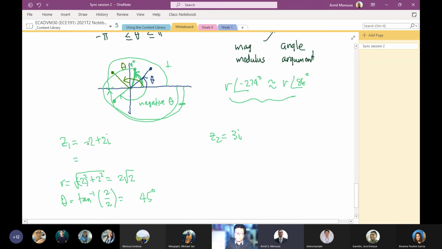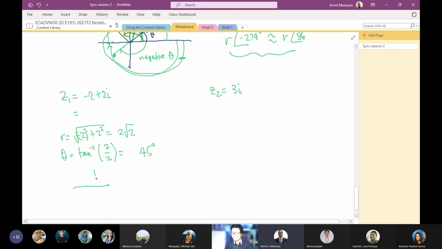What quadrant do we locate this one? Second quadrant, negative x, positive y. So this is on the second quadrant. So basically, kung 45 degrees yan, ibig sabihin yung number ninyo is here. So therefore, ang hinahanap nating angle, basically ito, which is 135 degrees.